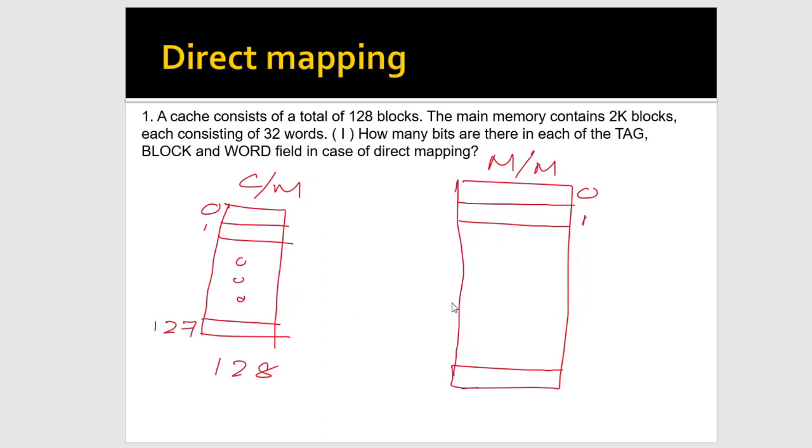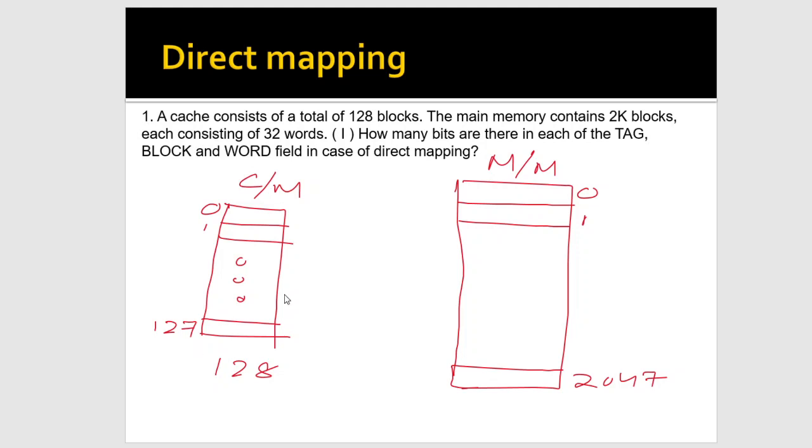Starting address is 0, so the last is 2047. So the main memory contains 2048 blocks, whereas the cache memory contains 128 blocks.